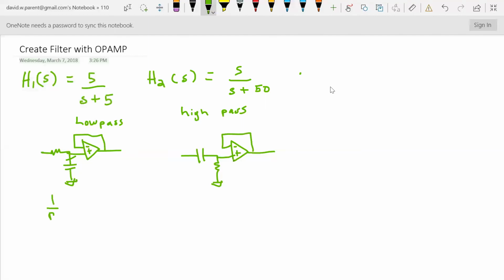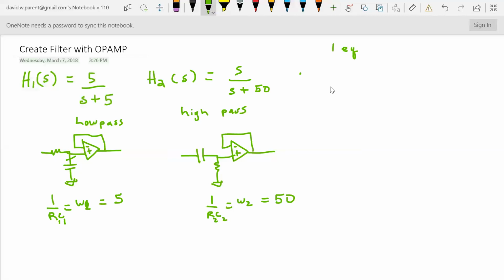Now, 1 over RC equals omega, and I'll call it omega 1 equals 5. 1 over RC equals omega 2 equals 50. And I'll just call this 2 and 2, 1 and 1. Now I just need to do a brief aside.